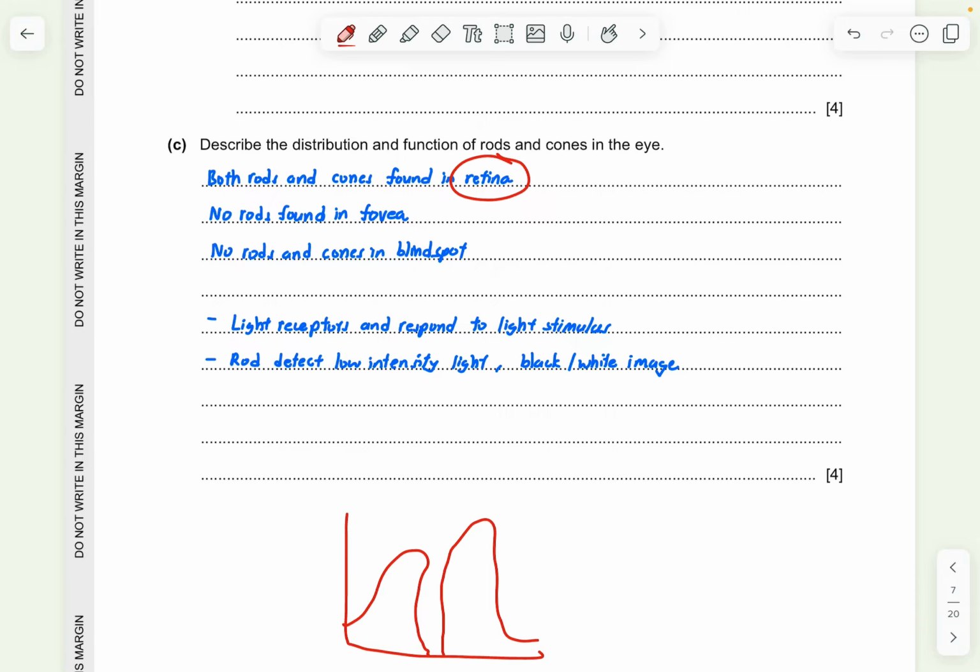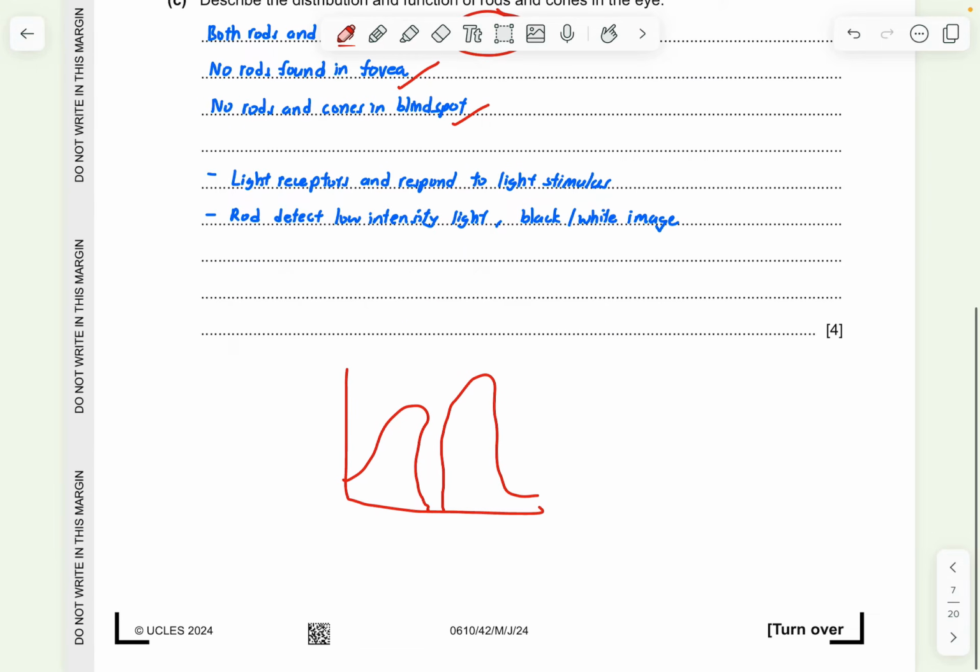You need to know that no rods are found in the fovea, and no rods or cones in the blind spot. You can see that there's a gap between. This shows the blind spot, where there are no cones and no rods, because that is the location where the nerve impulses are transmitted to the brain.